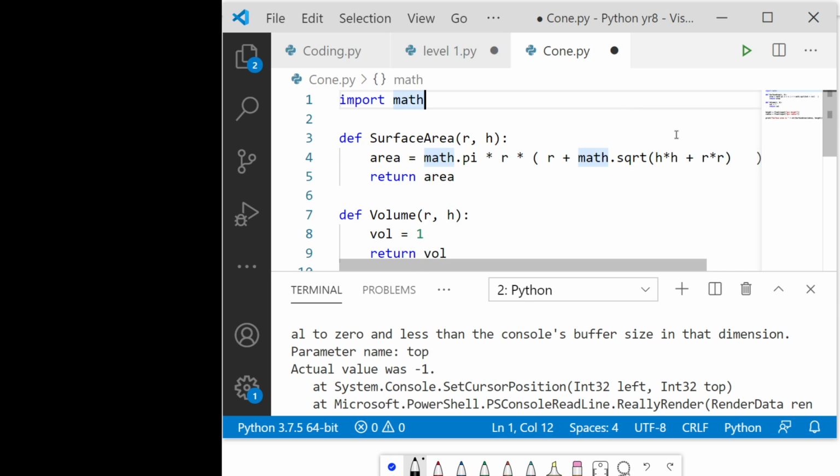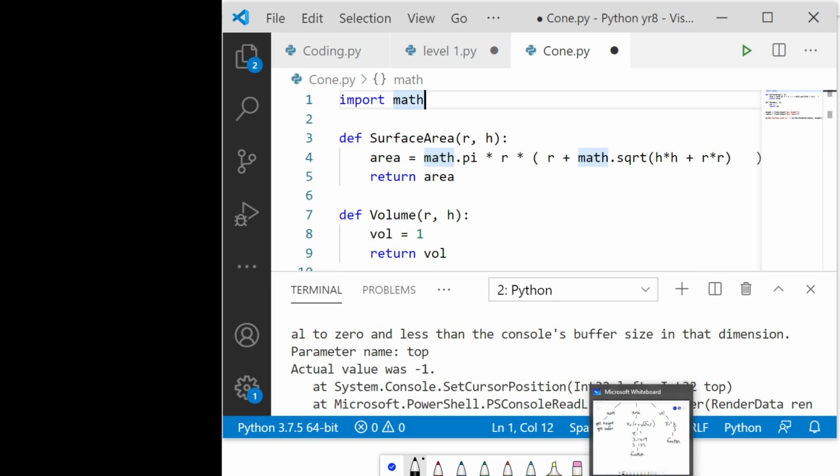Right, so I've got h times h plus r times r. Do I need to put that in brackets? Why have some people said no? Yeah, the multipliers will happen before the plus, won't they? Yeah. So we don't need to do anything. So what we've done is we've taken that.